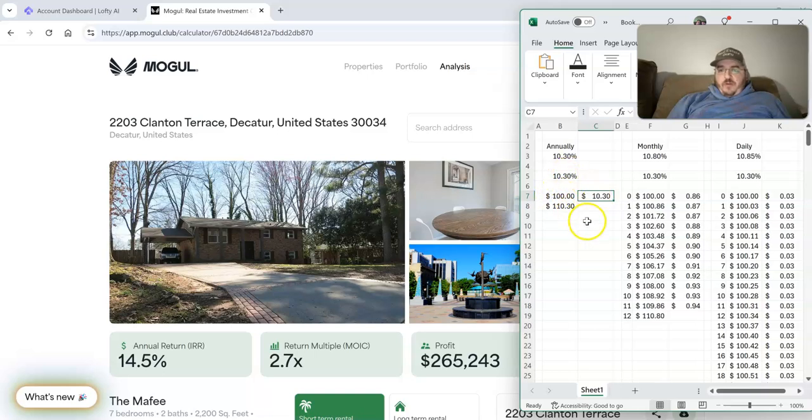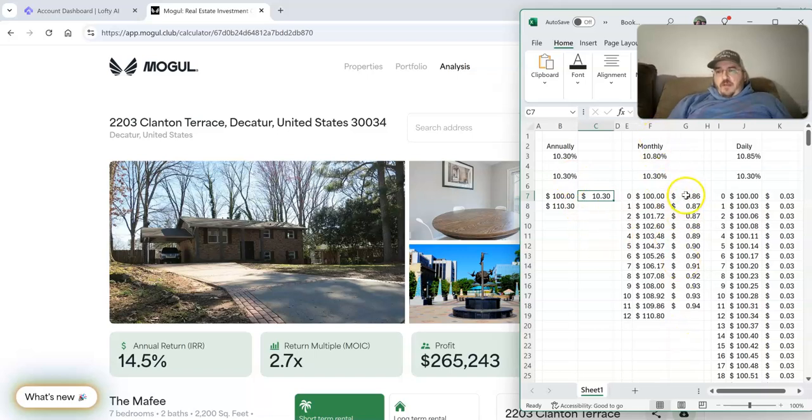That's 10.3% of $100, so I'd have $110.30. That assumes that at the end of the year you get to reinvest that money, and then the next time you can do it. That's only compounded annually, meaning you're really just calculating the interest once a year. You do the math one time.